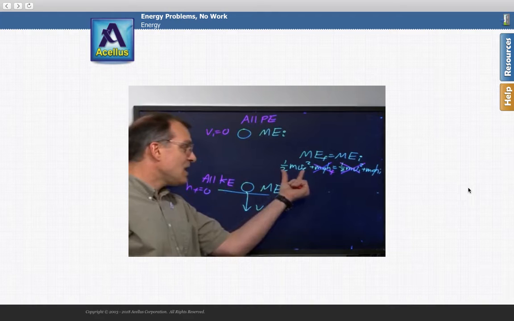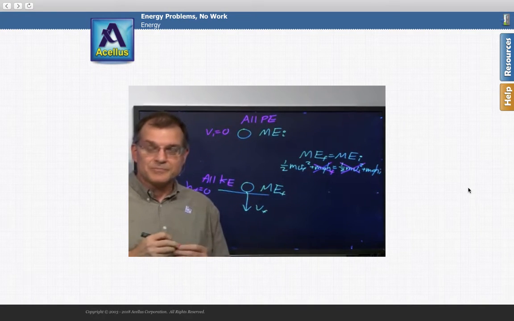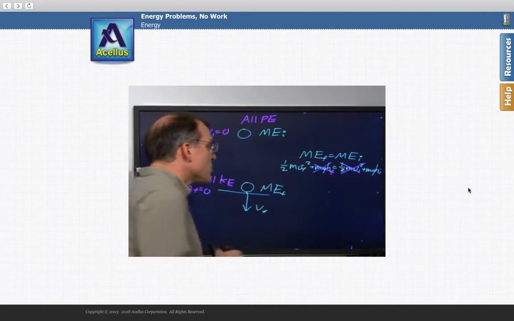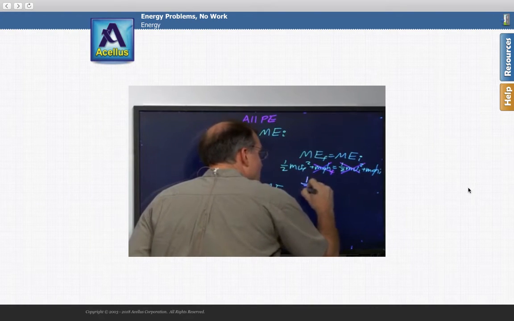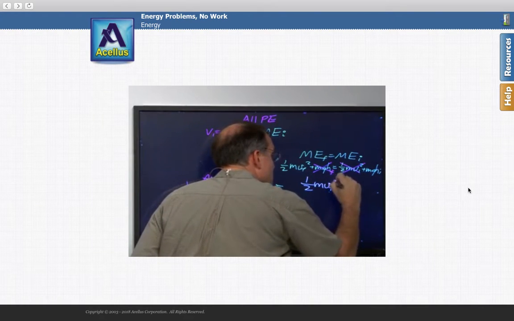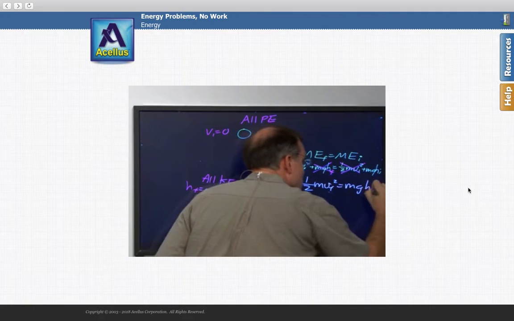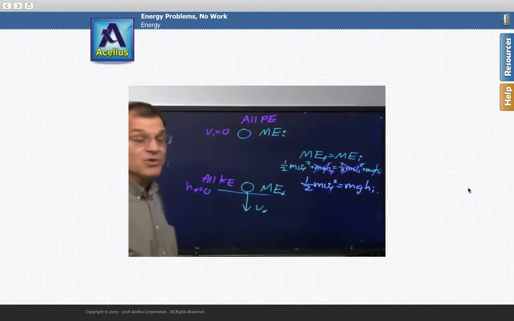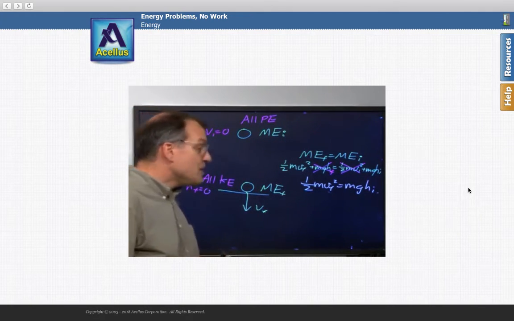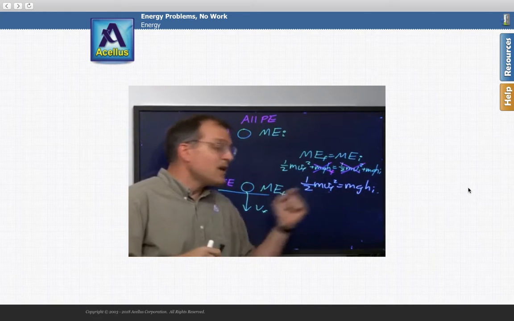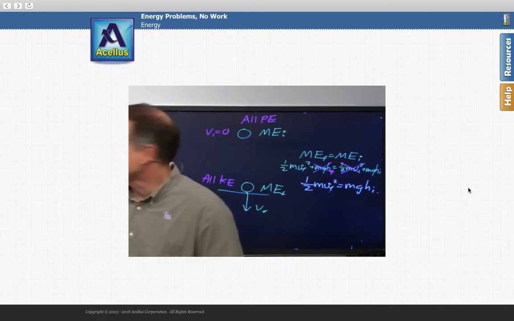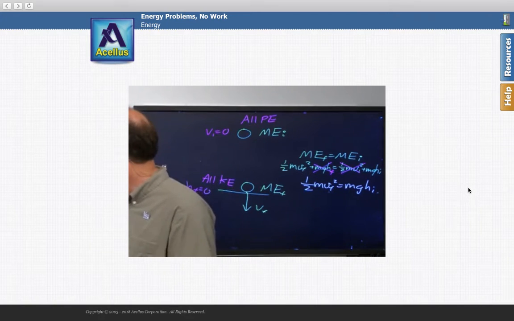At the end it's all kinetic, at the beginning it's all potential. So let's just rewrite this so it's not so messy. 1/2 m v final squared is m g h initial. Now there's one more thing we can do. Both sides have an m, and it's exactly the same m, right? It's the same object. Let me go back to the question at hand.